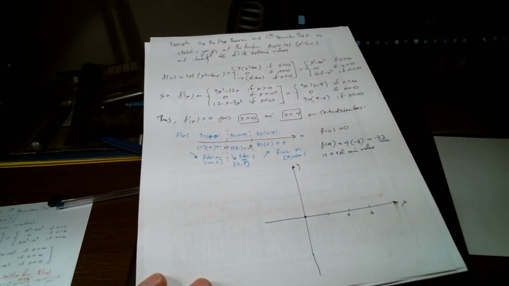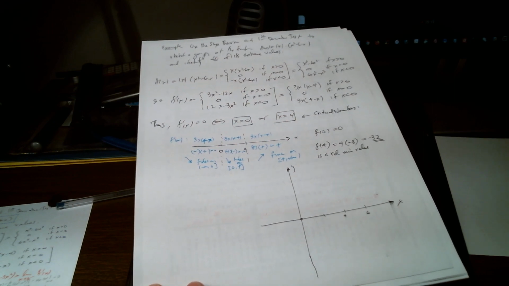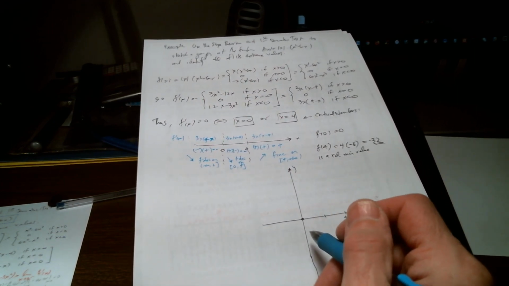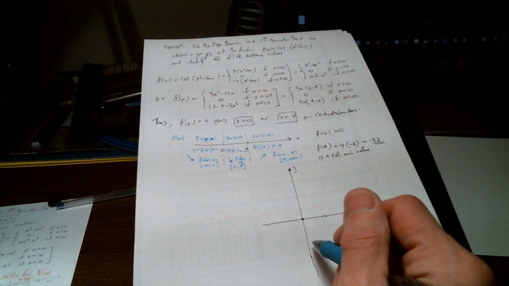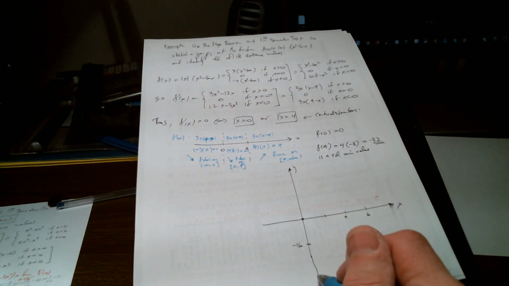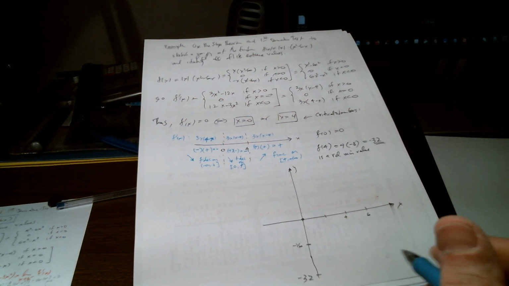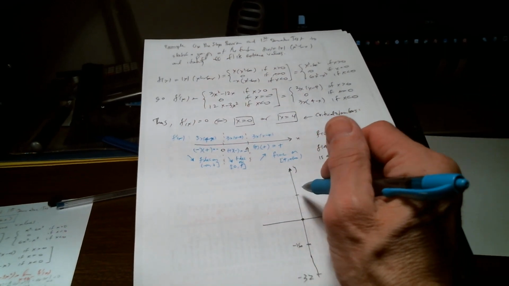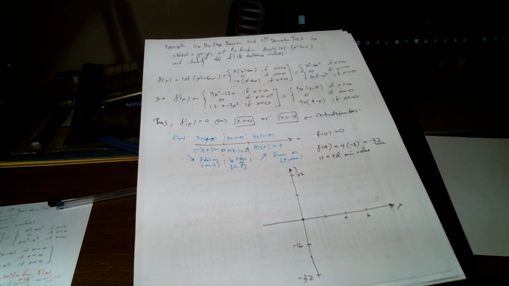Okay. So perhaps we come here to our y-axis, and we're going to scale it differently. Say this represents negative 16. So here we'd be at a value of negative 32. And here it'd be positive 16, positive 32.